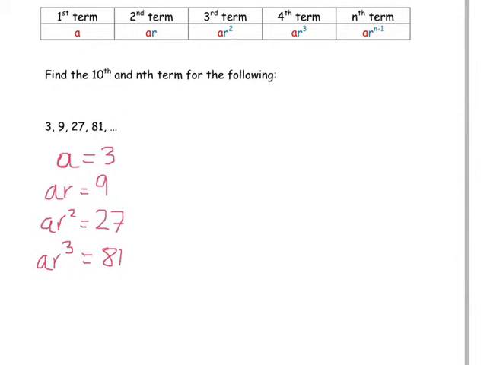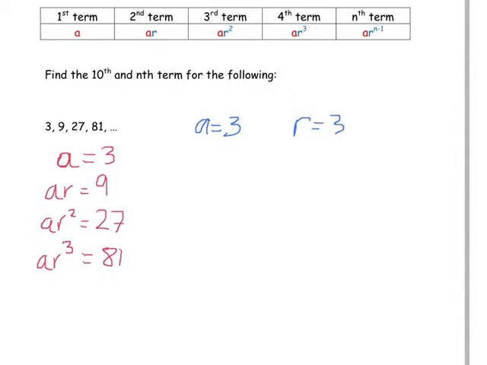Now what we need to identify is the first term, which is obviously 3. And the common ratio is what do we times 3 by to get to 9, which is 3. Now we can use this to try and find the 10th term and the nth term for the following.